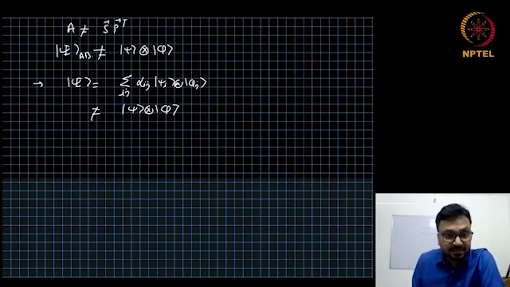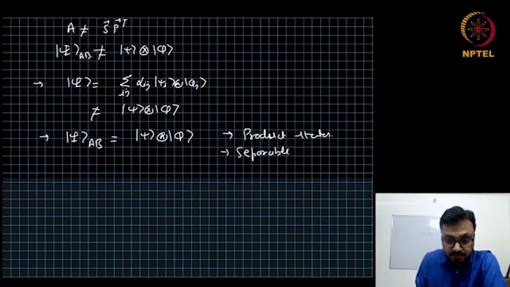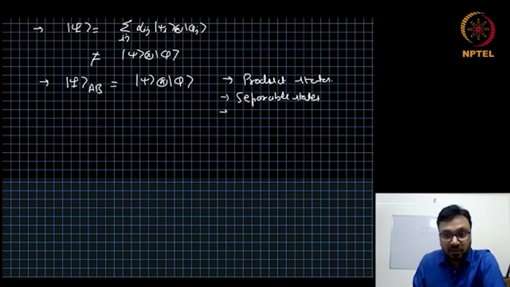The states which can be written as a tensor product psi tensor phi are called product states. They are called separable states, and they are called unentangled, or non-entangled, states.